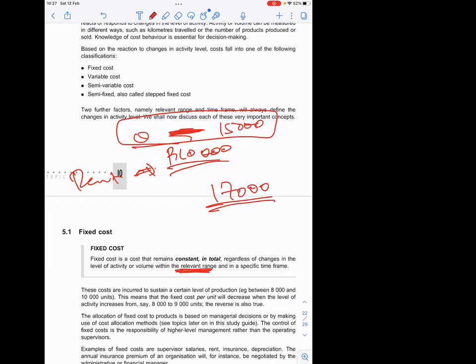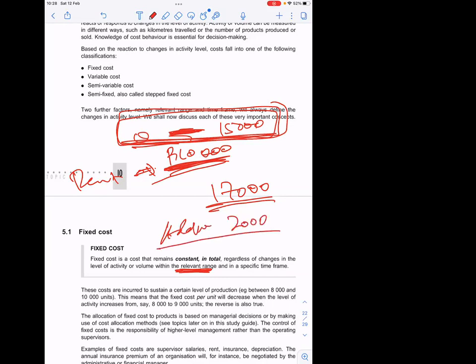So it means that now we've got extra units produced amounting to 2,000 that we cannot house in our factory warehouse, which we are paying rent of 10,000 for. It means that now we have gone beyond our relevant range. Now we will need to incur an extra warehouse cost to house the additional 2,000 units produced beyond the relevant range.